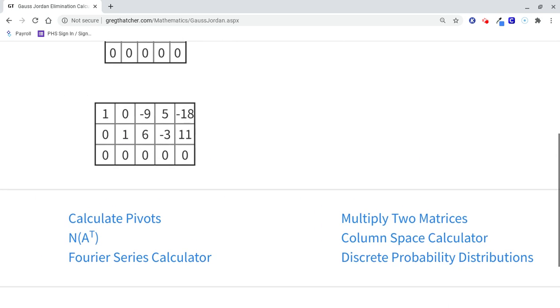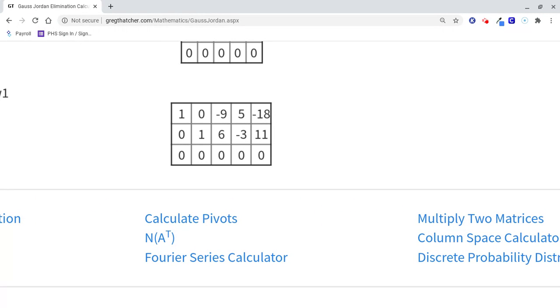And so again, you solve this and you see that 0 equals 0 at the bottom kind of hints that this is going to be many solutions. The top 2 rows are the ones that are important, though. So let's get those.